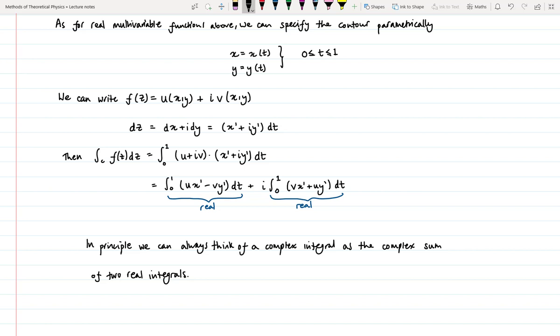However, we will see that properties of complex functions can allow more elegant evaluation of such integrals.